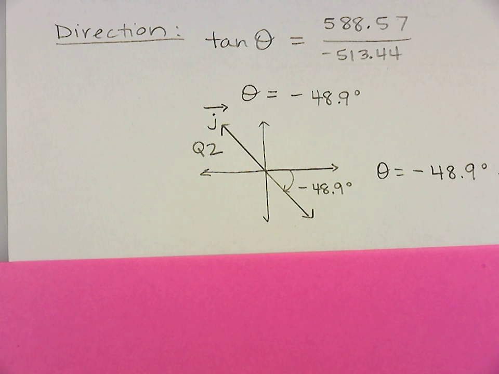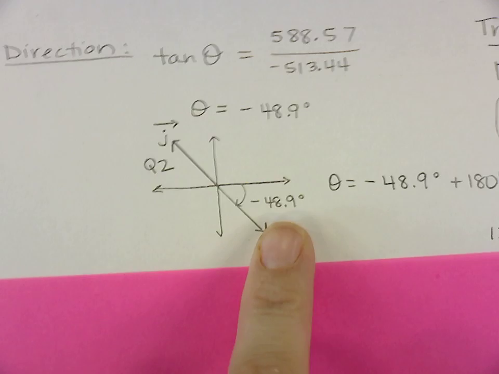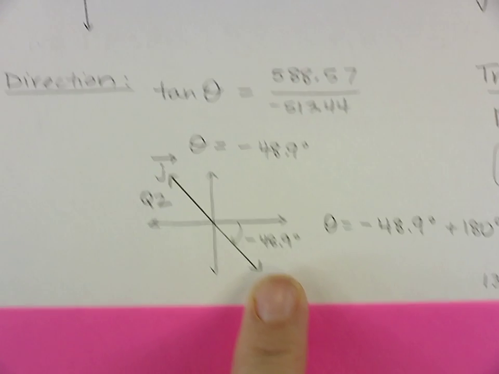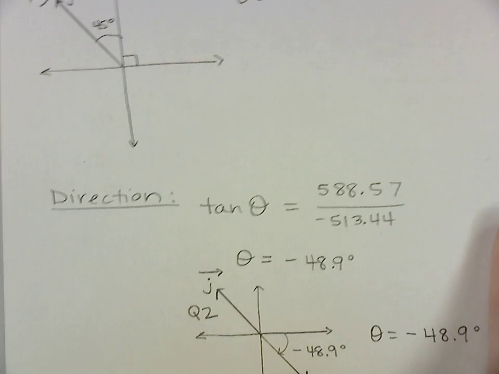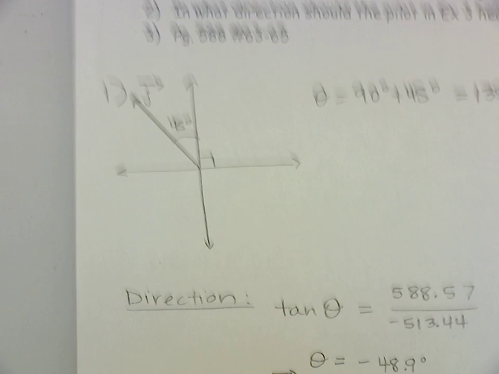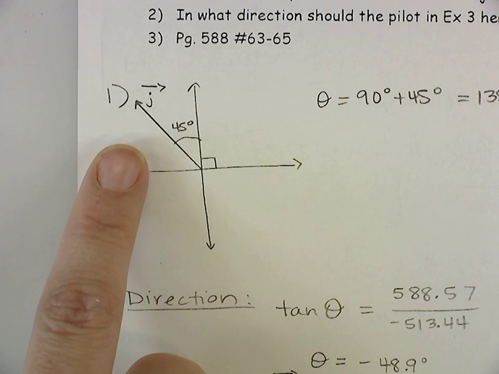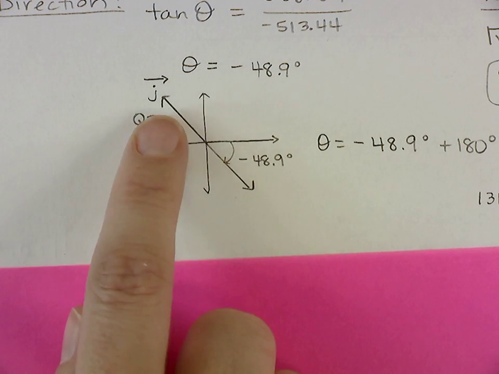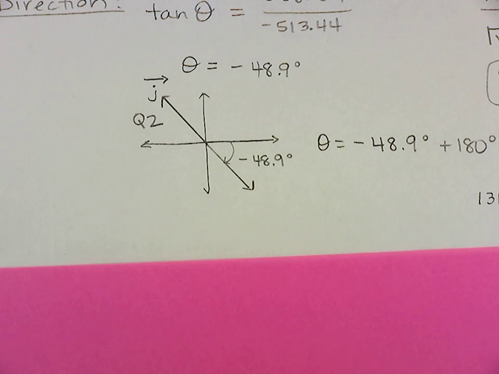So here was the tricky part. First, if it's negative 48.9, this is going to be in what quadrant? In quadrant 4. If we look at my original picture, the jet is in what quadrant? Quadrant 2. So what I want to do is find this angle in quadrant 2.